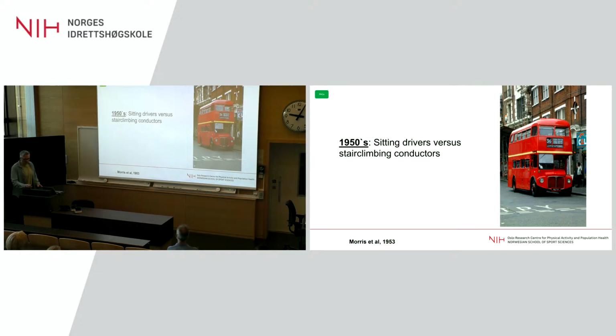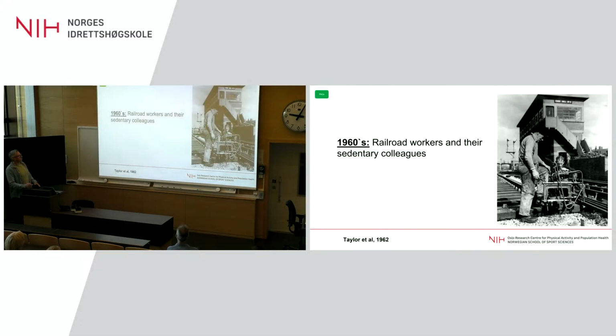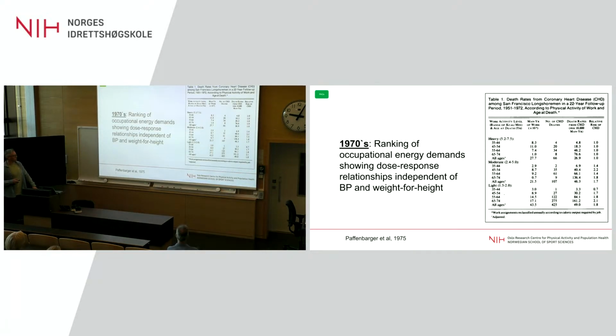So they redid their analysis and adjusted for uniform size, but the findings still stuck. These findings were repeated in different populations. So typically, classifications of occupational physical activity, as Knut Erik alluded to yesterday. And this is the Paffenbarger study.